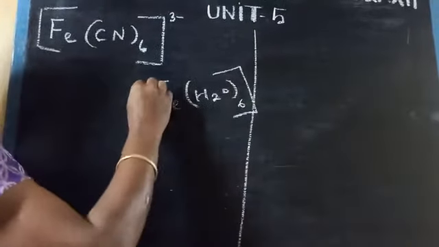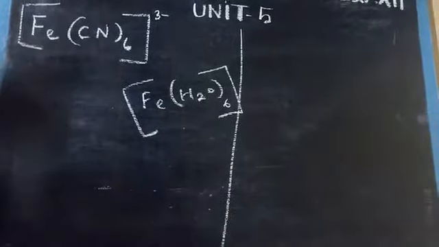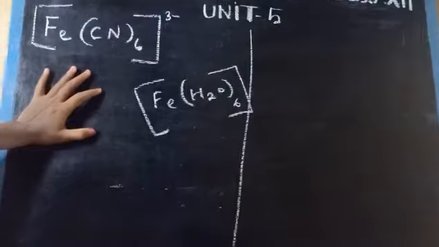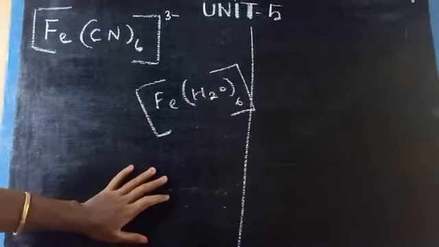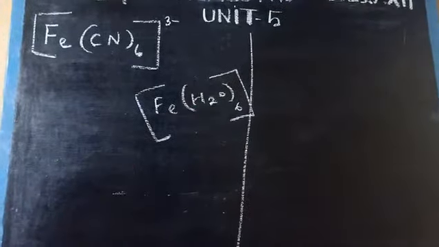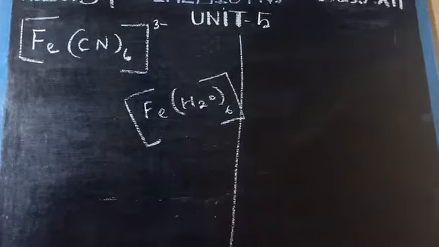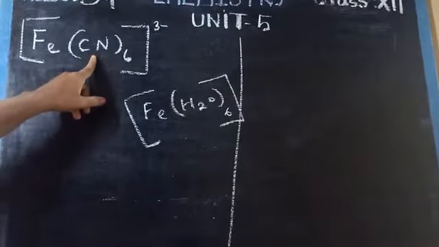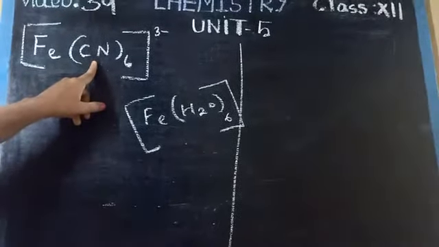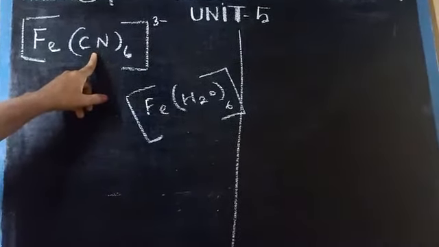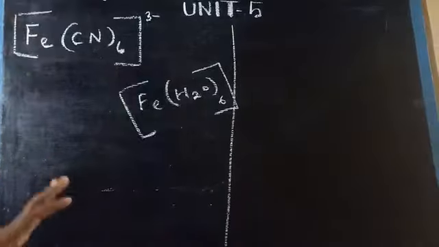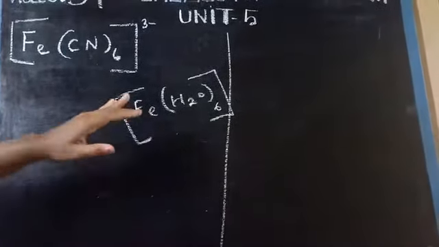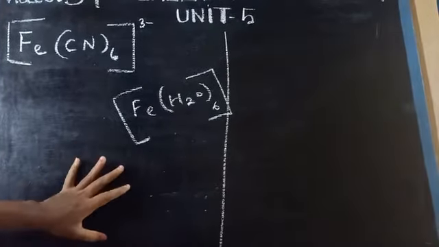Okay, Fe, here also Fe, both are the same metal, but the ligands are different. Here water is the ligand, a neutral, weak ligand. Here cyanide is a strong ligand. CN minus, a negative ligand, is an ambidentate ligand. It is a strong ligand. Okay, this example we discussed in the previous video.